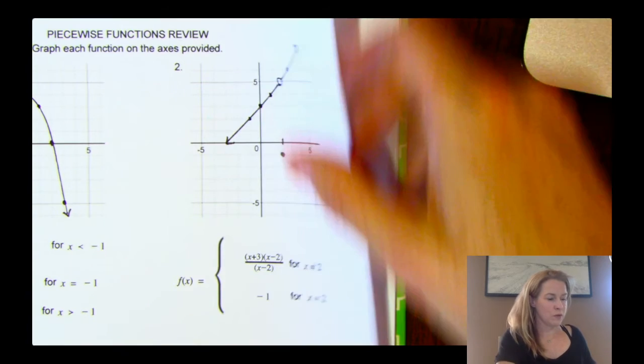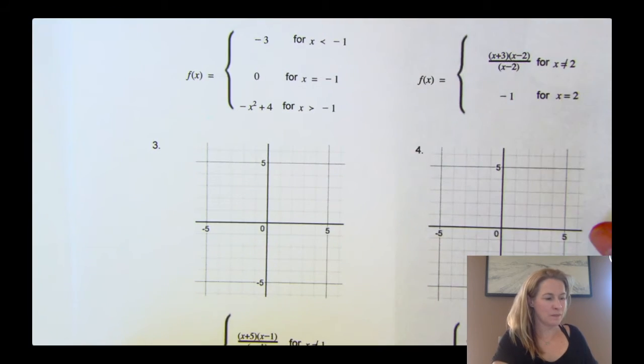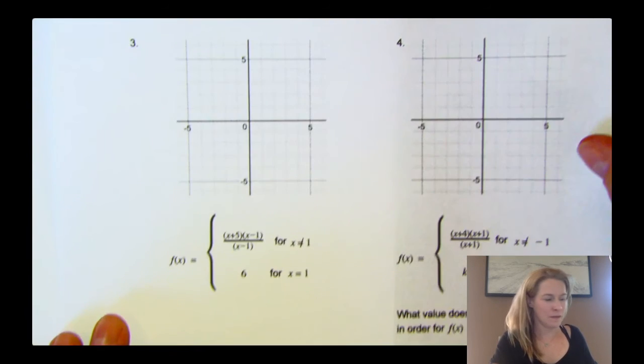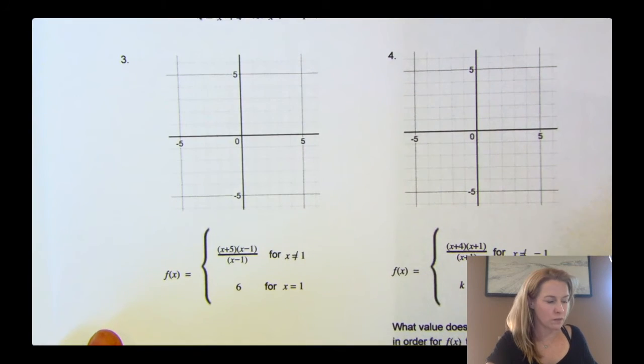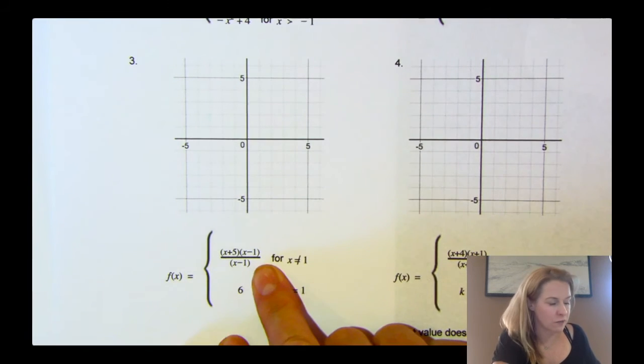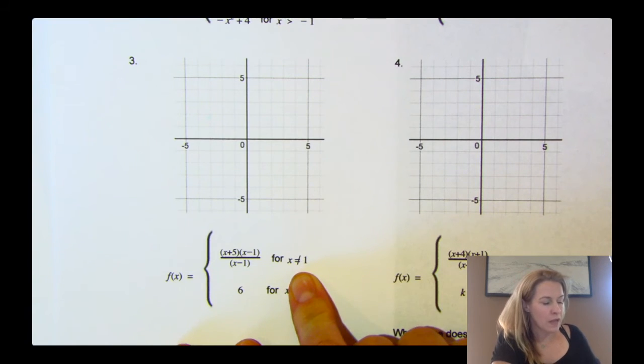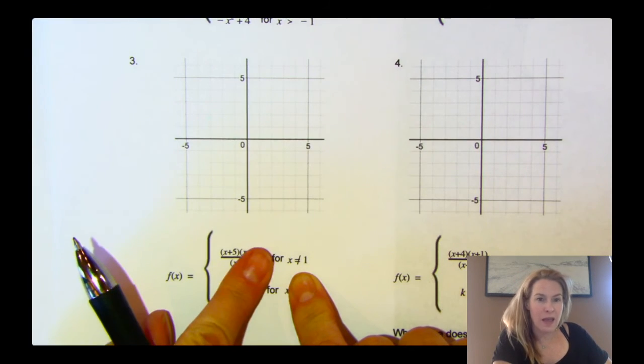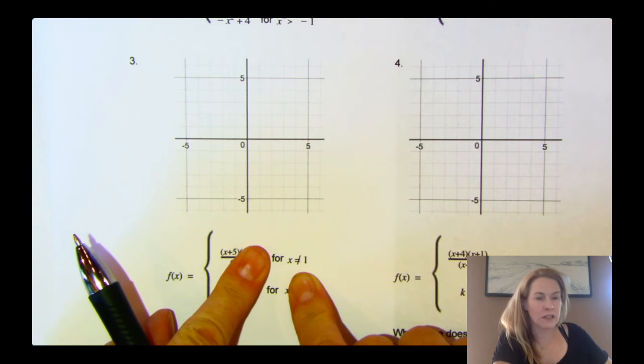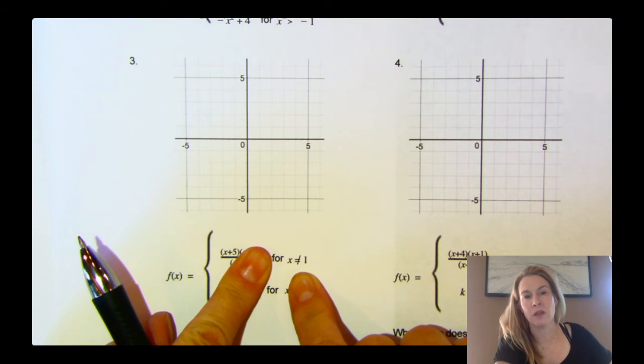For problem number 3, okay, really similar situation. We have a rational function that's defined for all values of x except for x equals 1. If I was to reduce away the x minus 1's, I'd have this linear function y equals x plus 5.